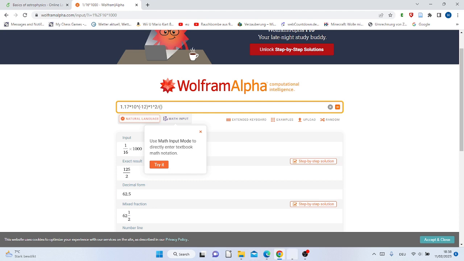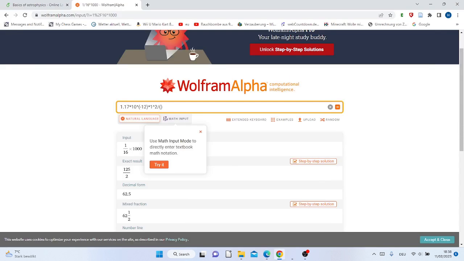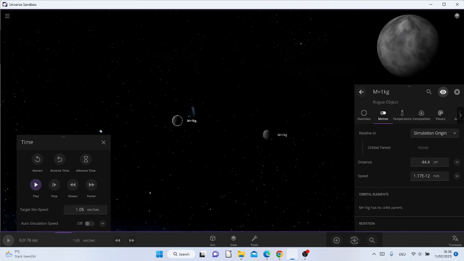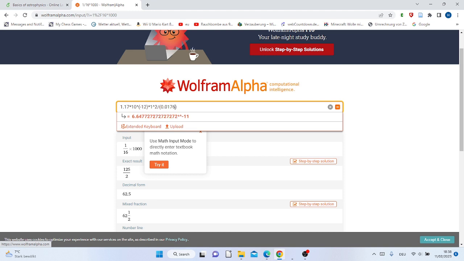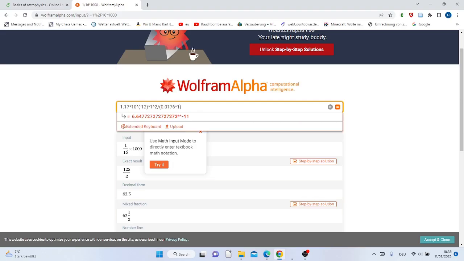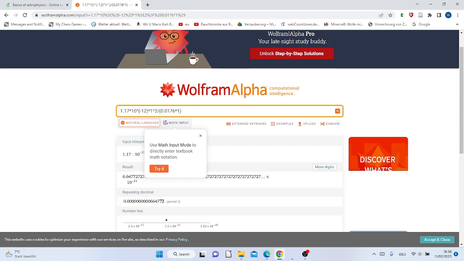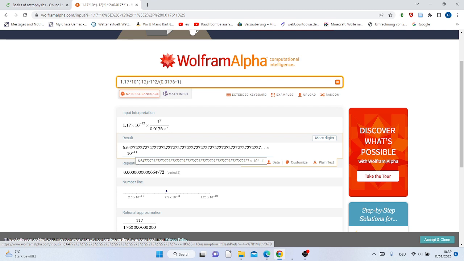The next value to insert is the delta t, which was 0.00176 seconds, and then I also multiply by the mass, which is just 1 kilogram. The value I got is 6.647 times 10 to the negative 11, in units of cubic meters per kilogram per second squared.